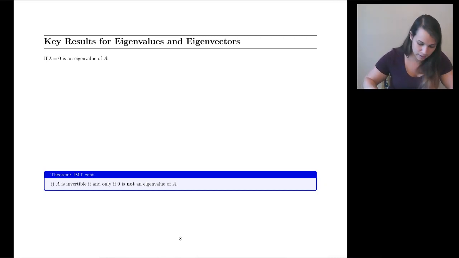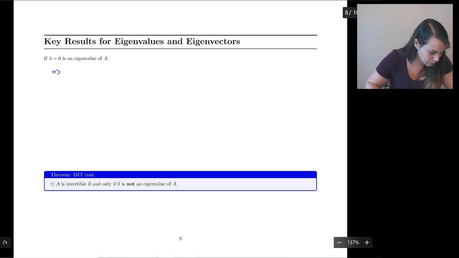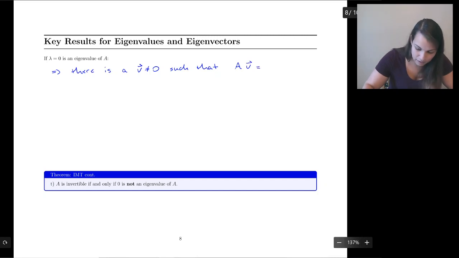So what would happen? Then there is a non-zero vector v such that, here's our definition, Av equals lambda v, but if lambda is 0, that's just the 0 vector.